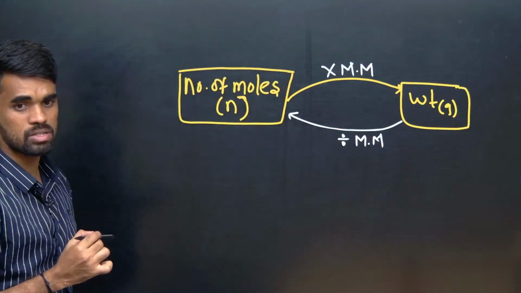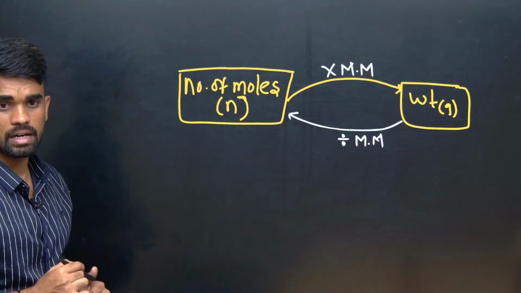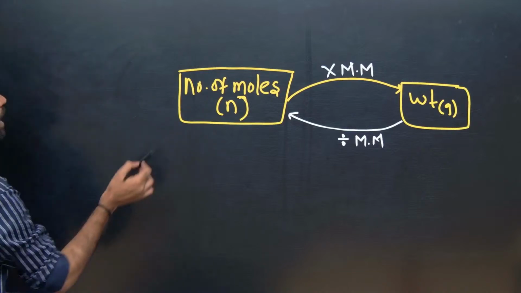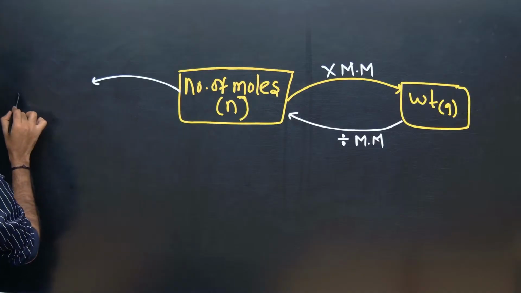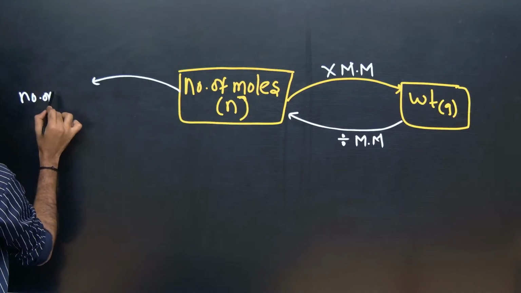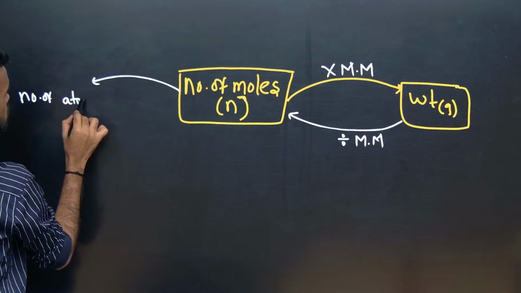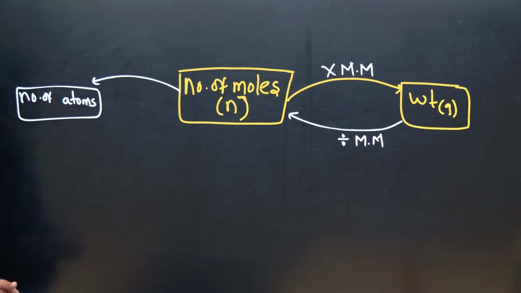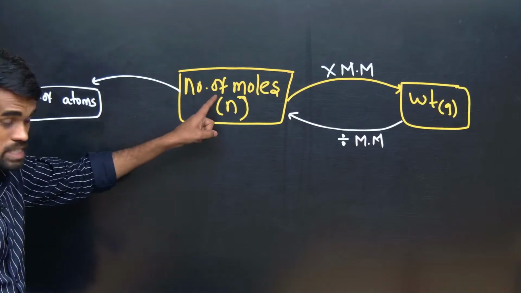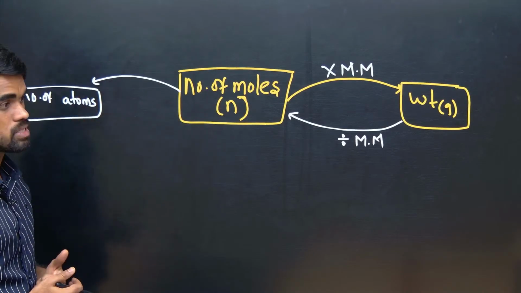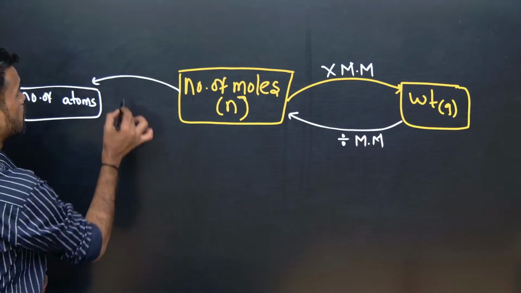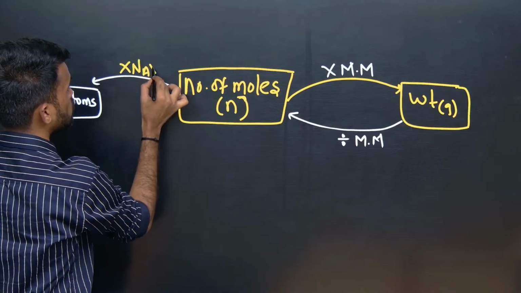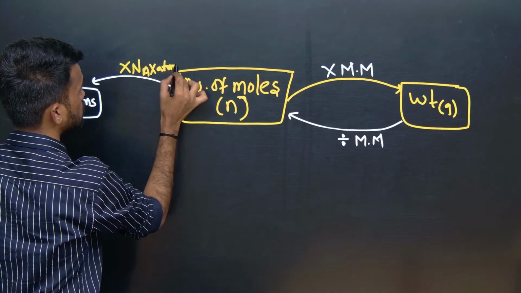Mm means molar mass, you can write. That will give us number of moles. And one more thing, number of moles is given and they are asking us to find number of atoms. What can we do? We should multiply this with the Avogadro number and also with the atomicity.